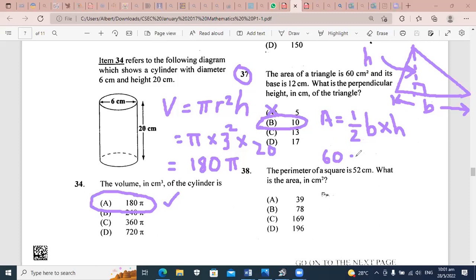It says half base. What's the base? 12. What's half of 12? 6. What is 6 times h? 6h. And then we just divide everything by 6. So h is equal to 10. So the answer is 10 centimeters. All right, so that's mathematics.